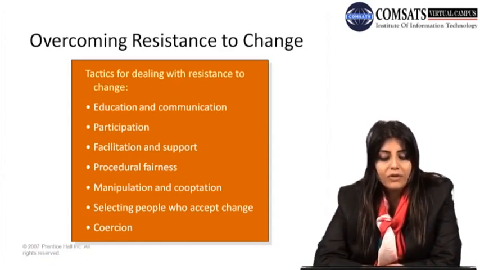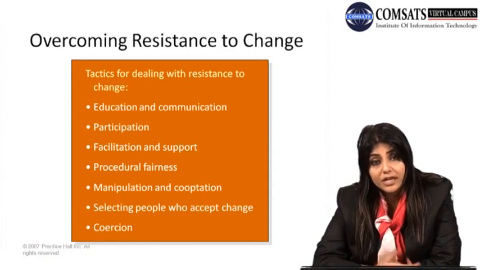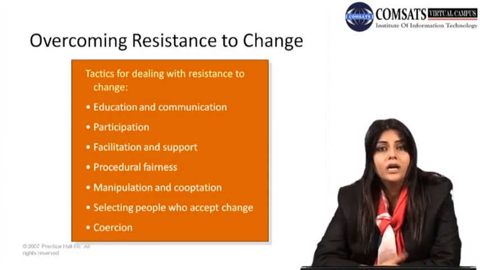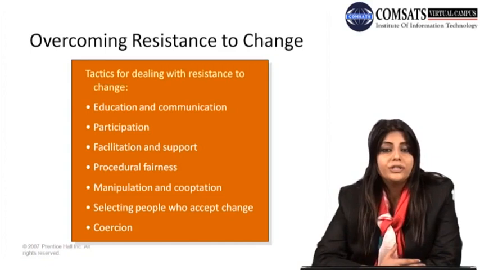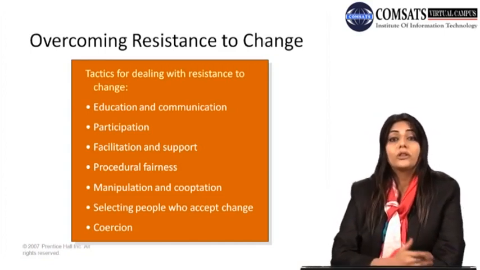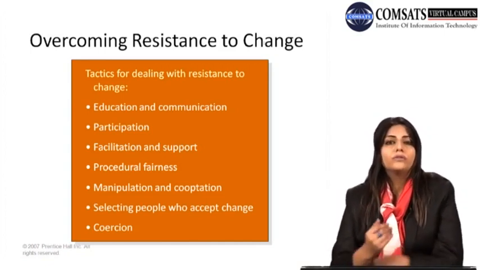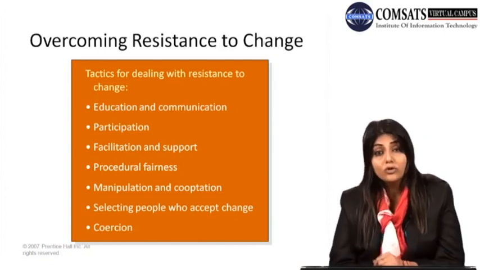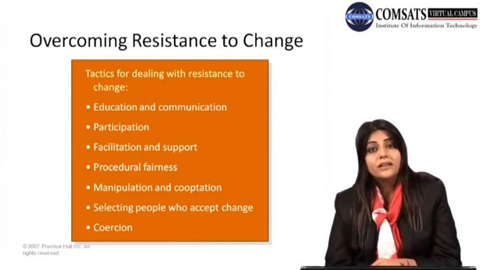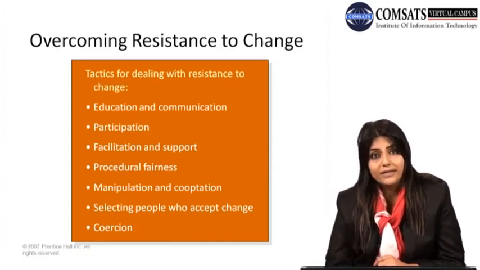And of course, when educating and communicating with the employees, we should tell them how this change is important not only for the organization but for the employees themselves, how, if they don't respond to the desired change, it will affect their jobs and their lives.